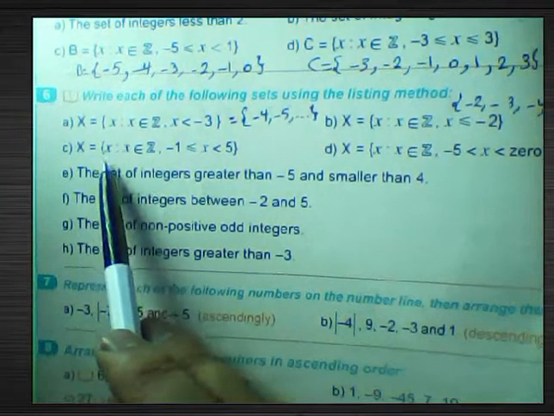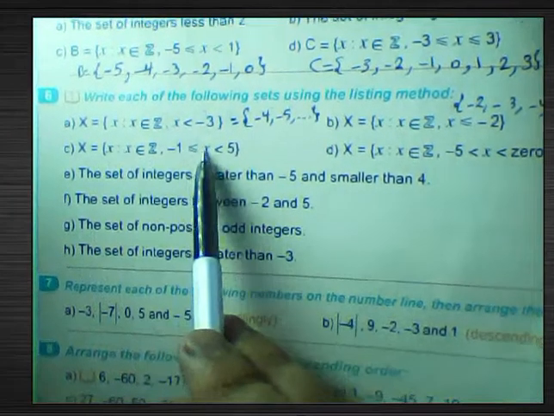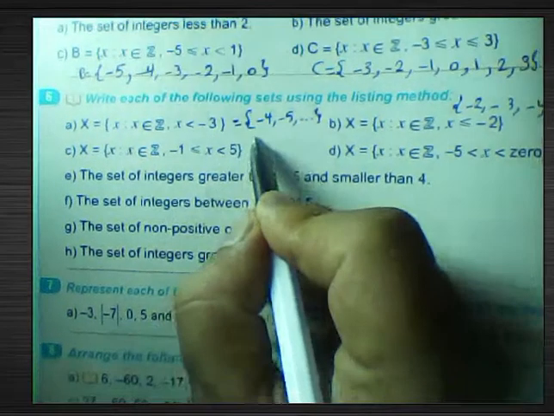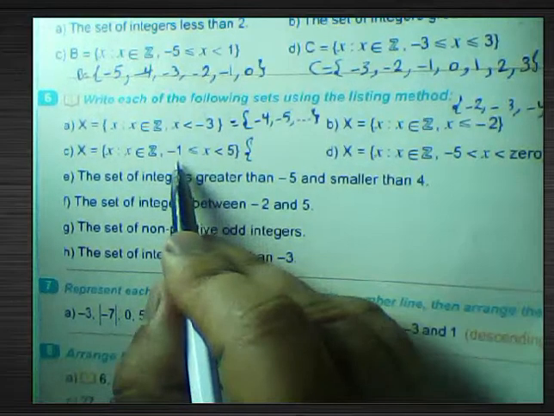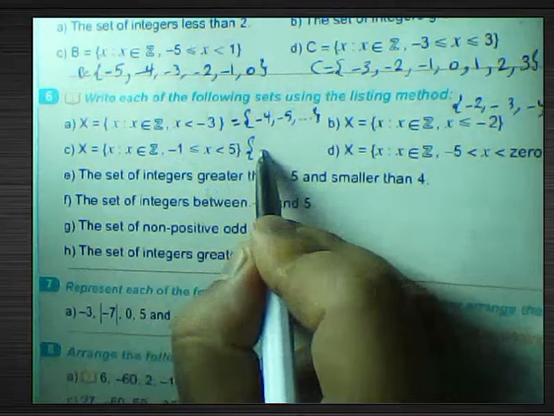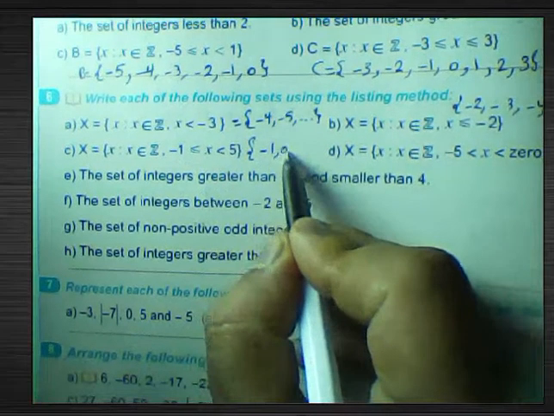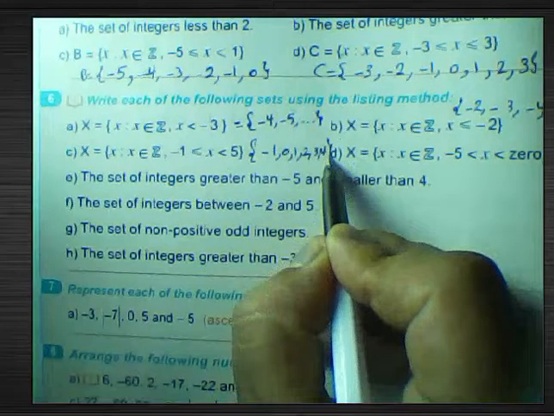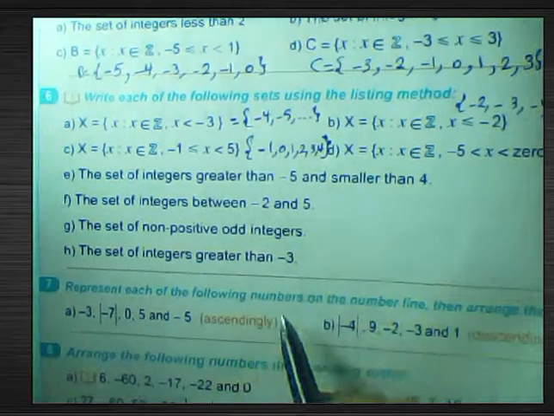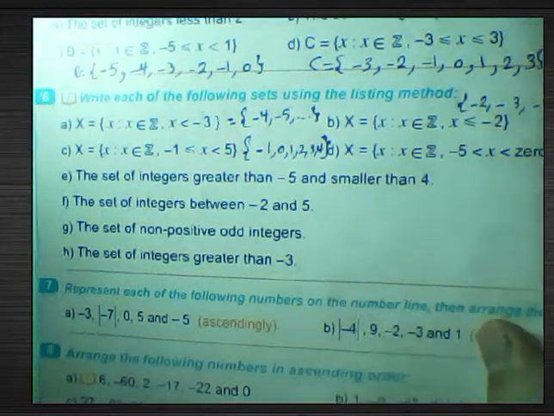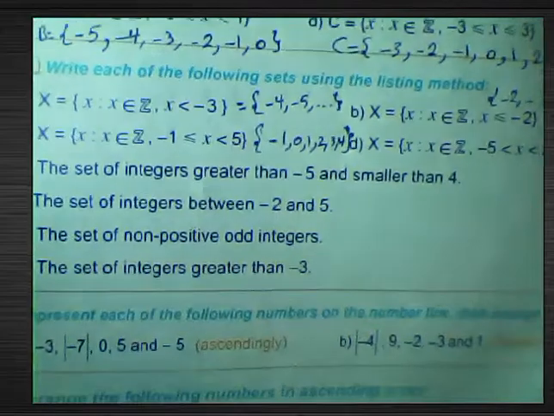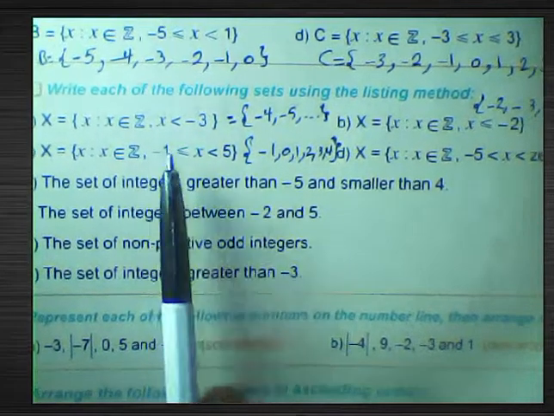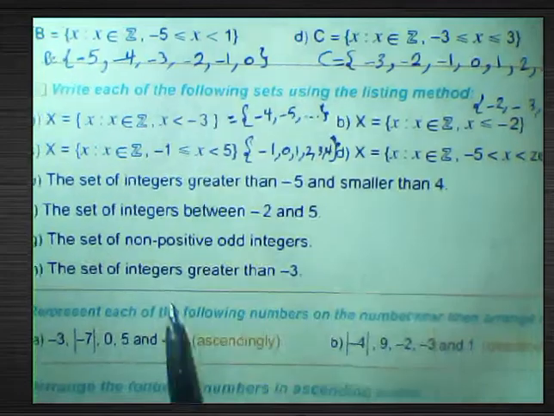Question C. X equals the set of x such that x belongs to Z, x is more than or equal to negative 1, x is less than 5. We can write from smallest to greatest, from negative 1 to 4: negative 1, 0, 1, 2, 3 and 4. It's okay, it's very easy. Again, negative 1, 0, 1, 2, 3, 4.